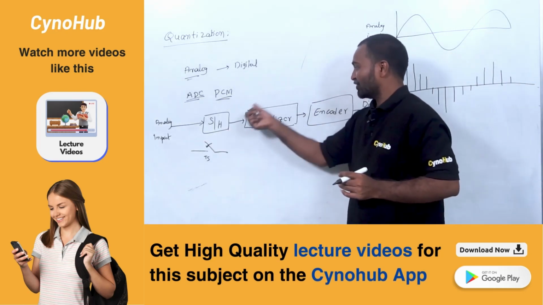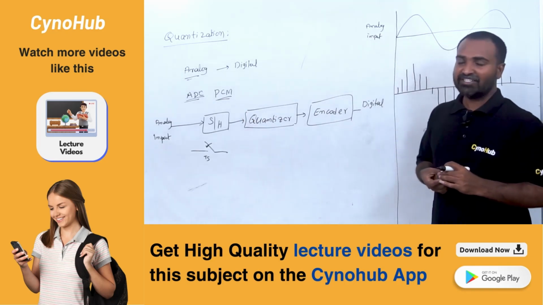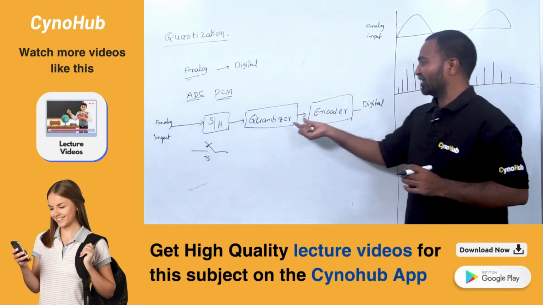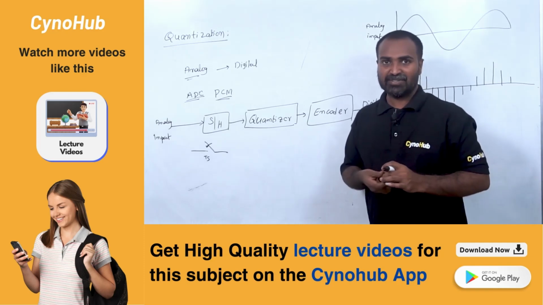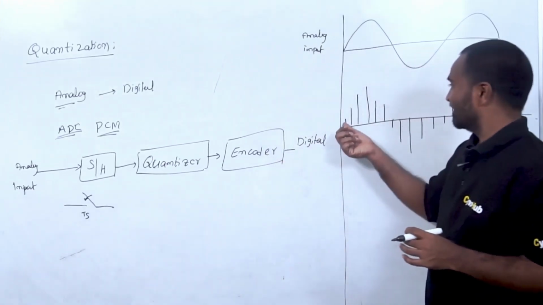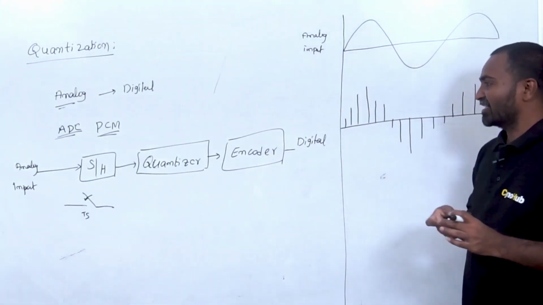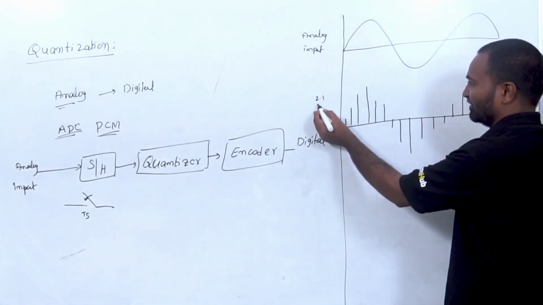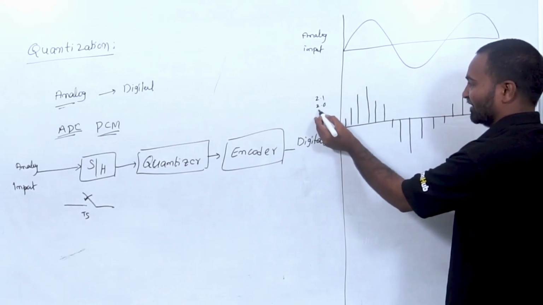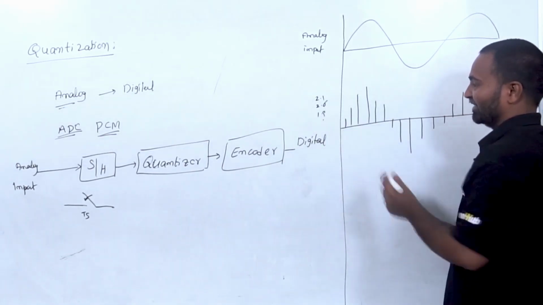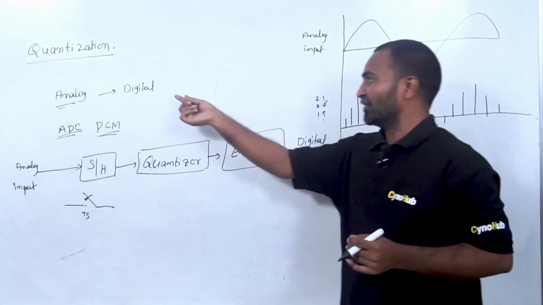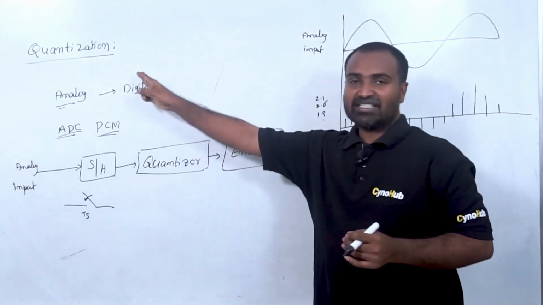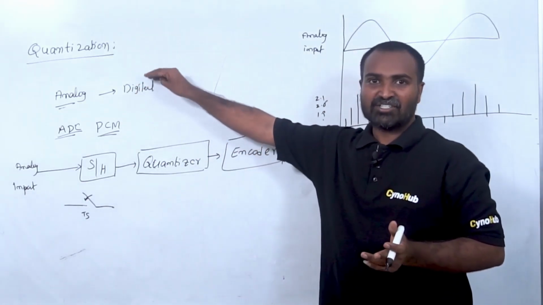Next one is quantization. Quantization means it rounds off to the nearest integer values. In general, the output of the sampler contains discrete values, like 1.2, 2.1, 2.7 or 1.9. But in digital, we are only discussing numerical values, nothing but 0, 1, 2, 3.